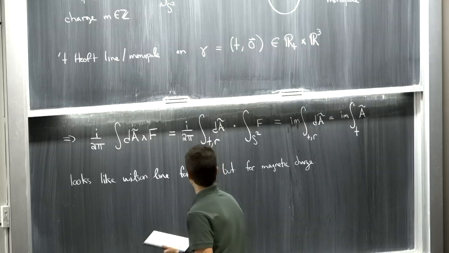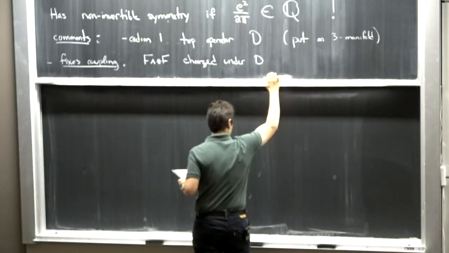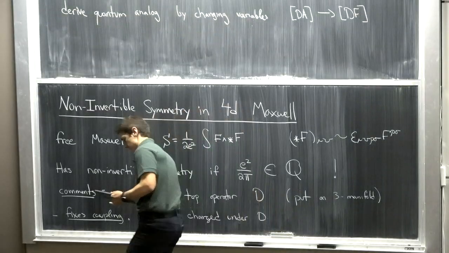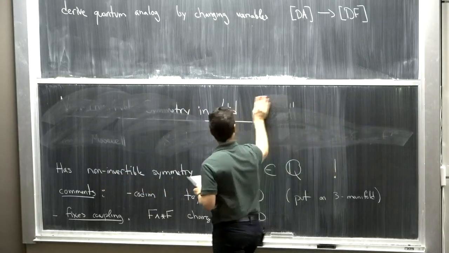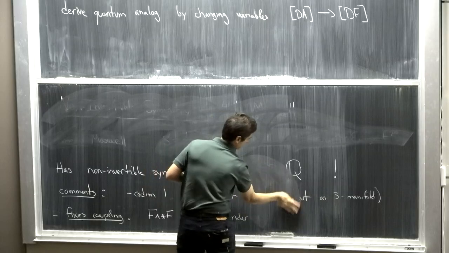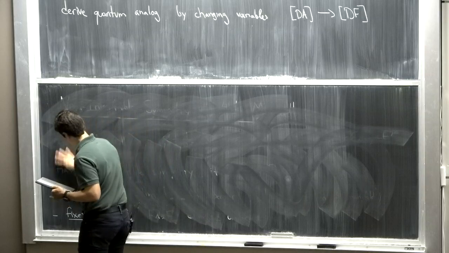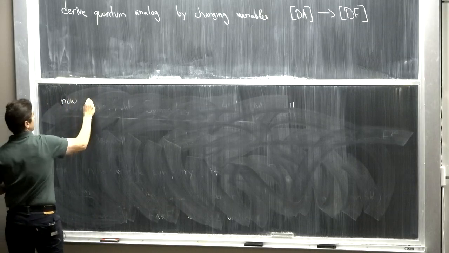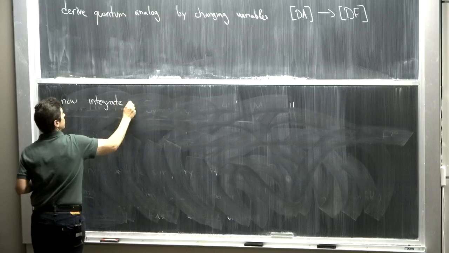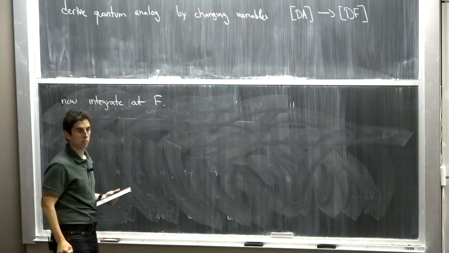Okay, we're almost done with the electric magnetic duality. But what we need to do now is integrate out F. So now our next step is to integrate out F. And we get to do that using the equation of motion and substituting back in.